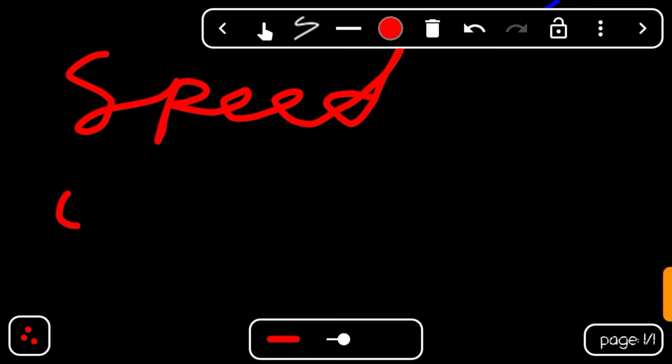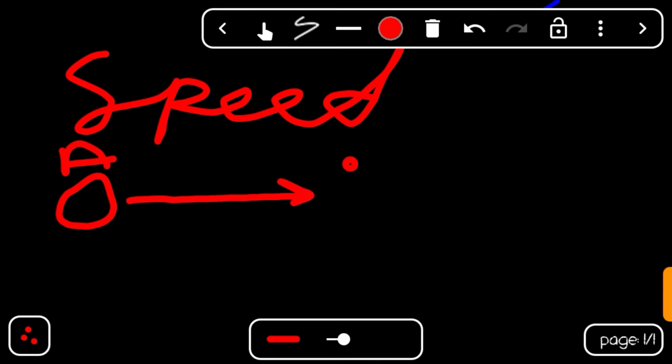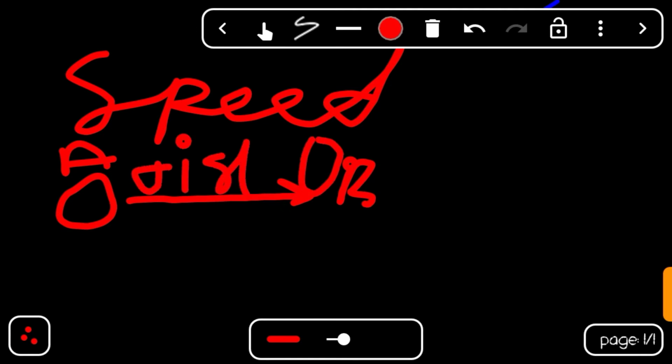Let's assume you kick a ball from point A to point B. This is a distance. The time it takes the ball to travel through this distance is called speed.